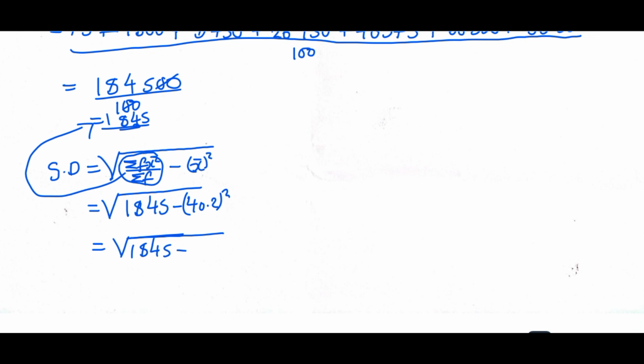So what is 40.2 squared? According to my calculations, I'm getting 1616.04. Then we subtract this number from the other number.